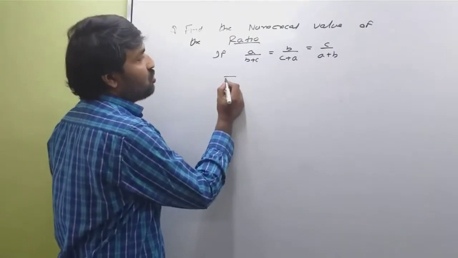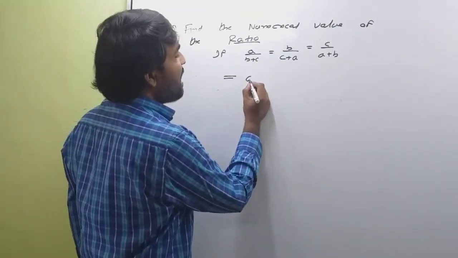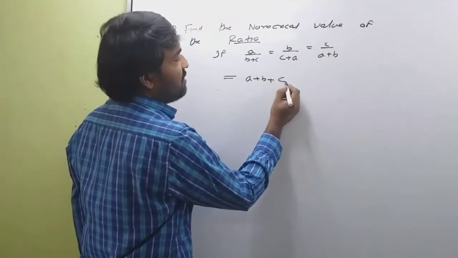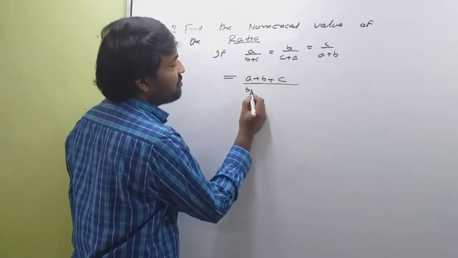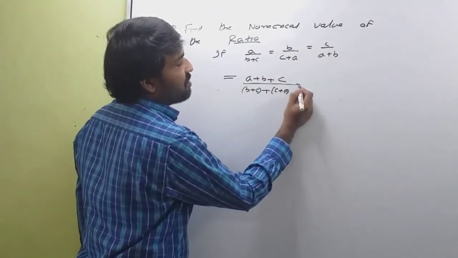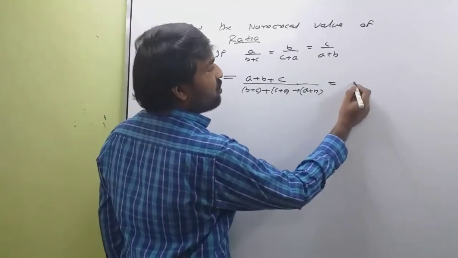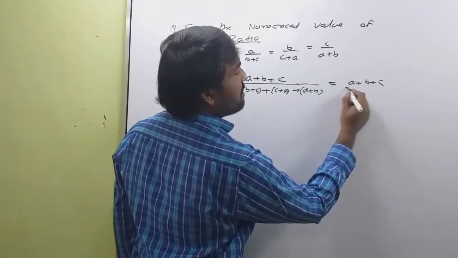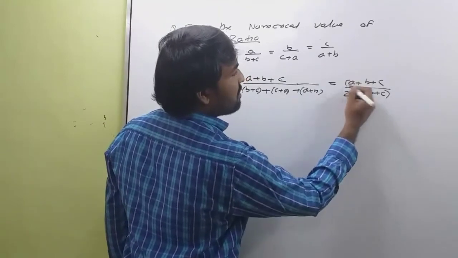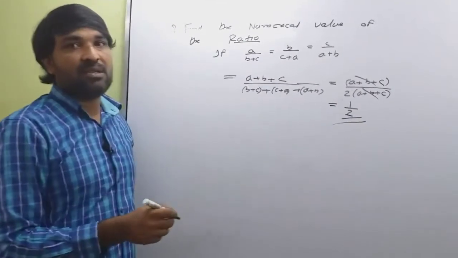This is equal to, we can use the property, that is this is equal to a plus b plus c divided by b plus c plus c plus a plus a plus b. So that is equal to a plus b plus c divided by 2 times a plus b plus c. This gets cancelled. So numerical value is equal to 1 by 2. So 1 by 2 is the numerical value.